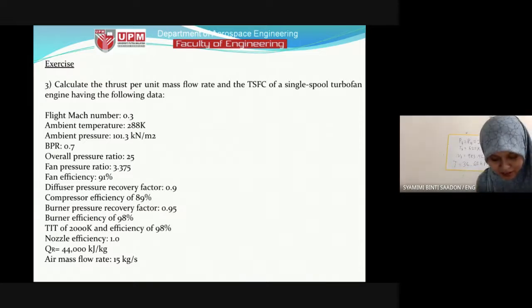We have the test on 20 May, week 8, after Raya. So submit this homework on the same day, whether before or after the test is okay.